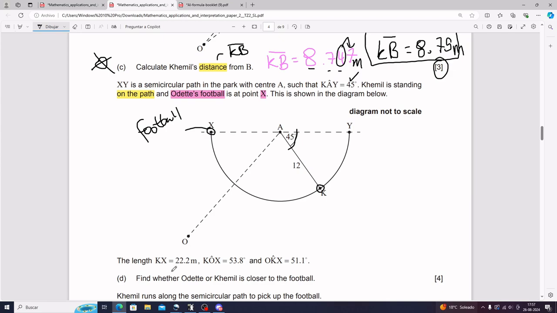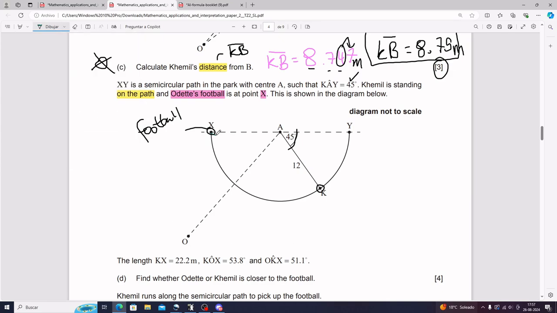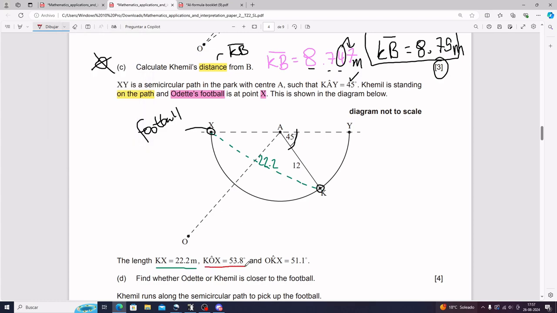Then they tell us that length KX is 22.2. So this right here, which I'm putting in green, is 22.2. Okay. KOX, another thing that is actually not on my diagram. So angle O with the sides K and X, KOX, if you were to put some lines over there, this angle is 53.8.